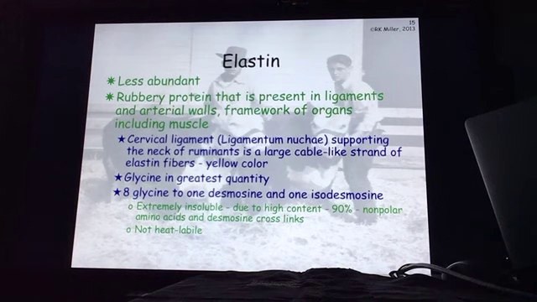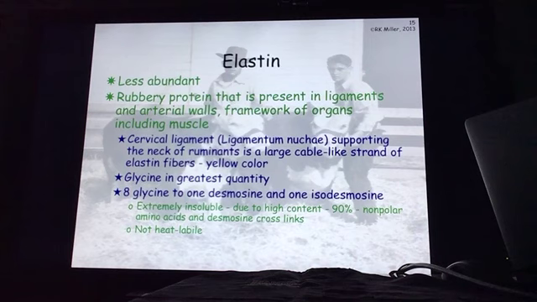It's yellow in color. It's called the back strap in layman's terms, and it runs from the head because it helps hold the head up, and so the head can move down and up as the animal chooses with muscle contraction. But we don't want to eat that because it's really, really chewy and it doesn't break down with heat.